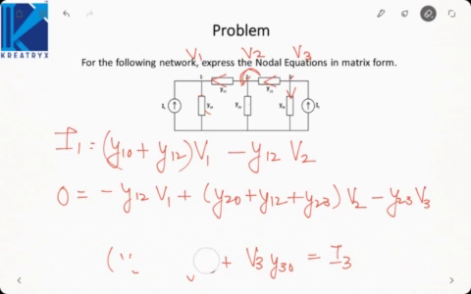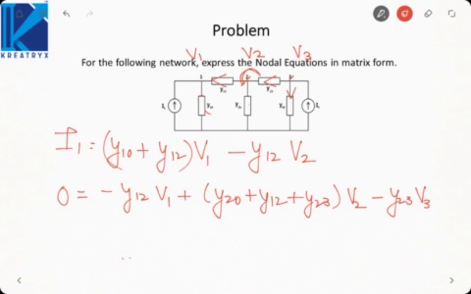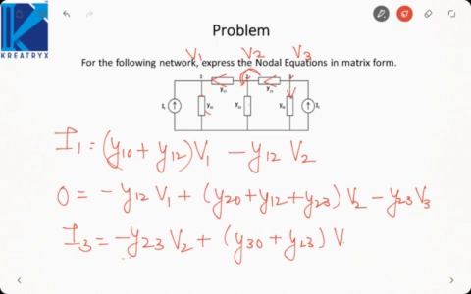And the last equation on simplification will become I3 is equal to minus Y23 V2 plus (Y30 plus Y23) V3. Now if we write these equations in matrix form, then the left column vector will be I1, then 0, then I3.